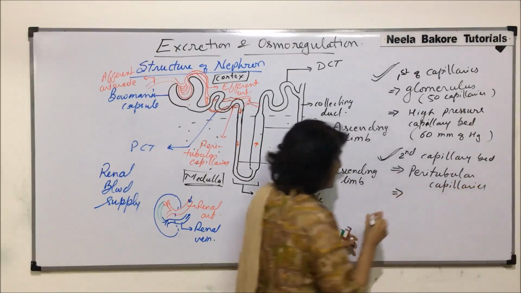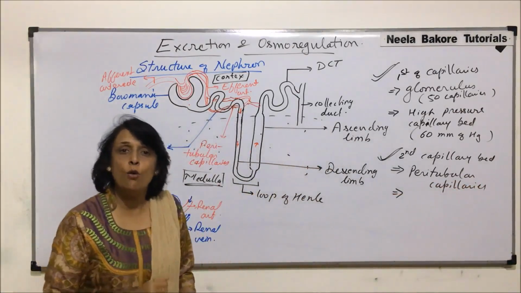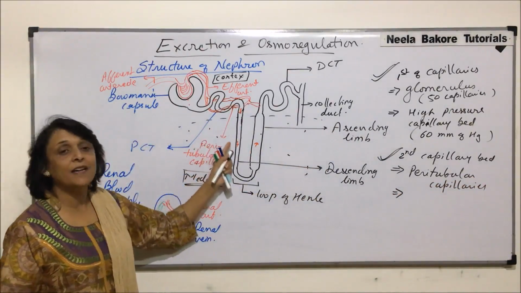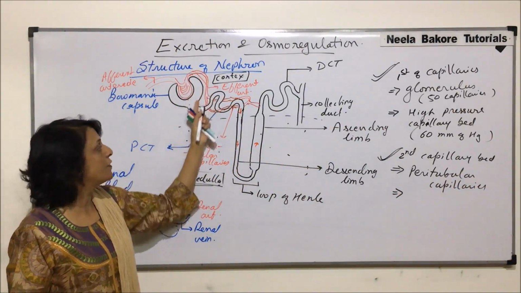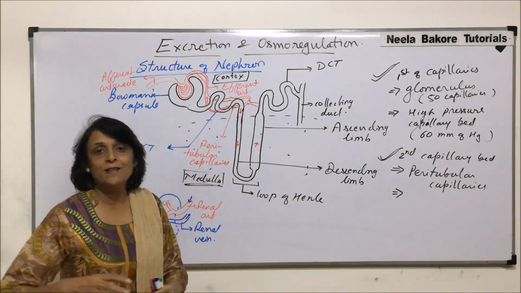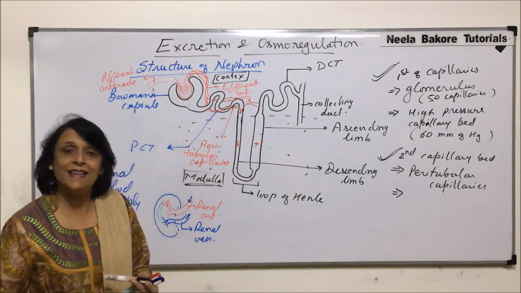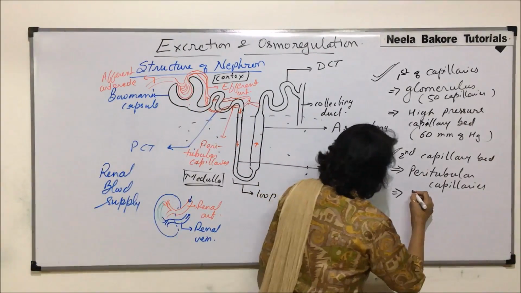These capillaries have blood at a lower pressure. The reason is that after the glomerulus, through the efferent arteriole, the blood comes into finer branches, so the pressure goes on decreasing. So these are at low pressure.